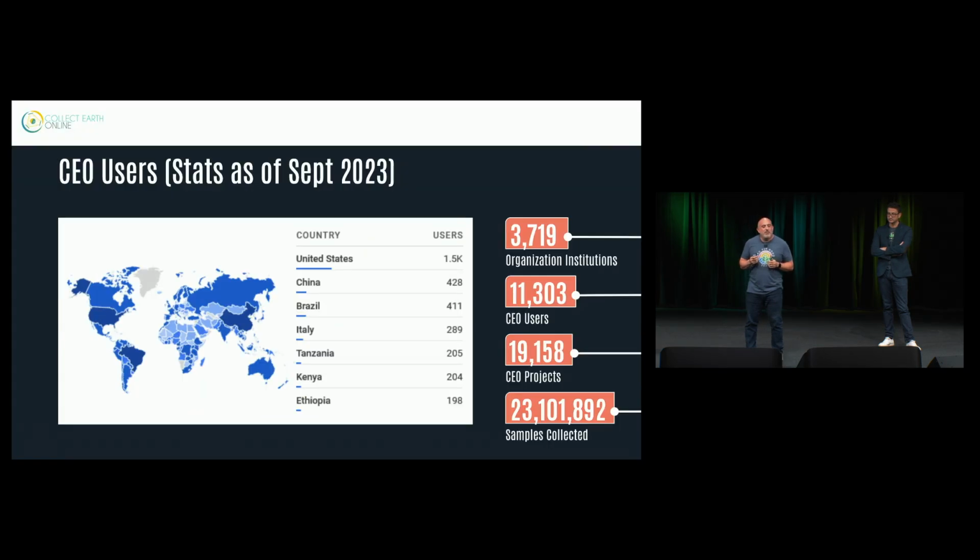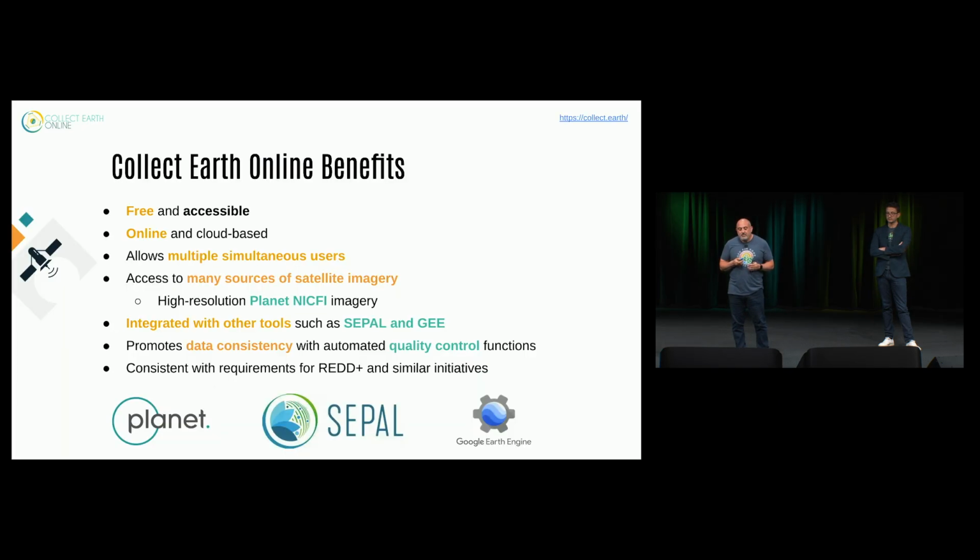Collect Earth Online has 3,700 institutions, over 11,000 individual users, close to 20,000 individual projects, and a staggering and growing 23 million samples. Imagine if we could take information at that scale and put it into Gino's vision. That would be amazing. That would allow us to take that next step.